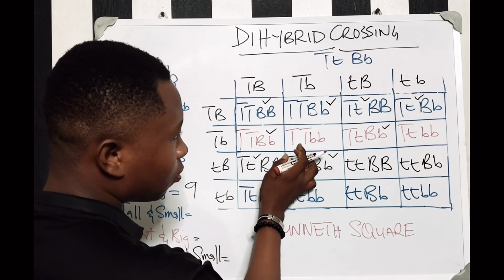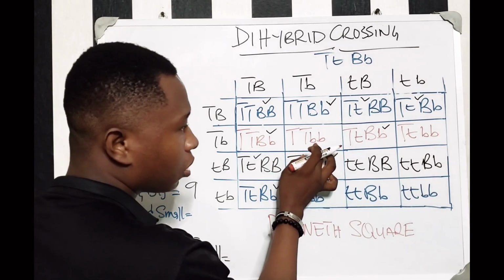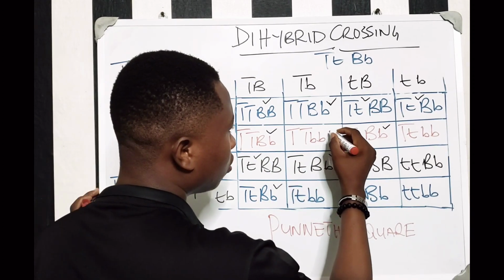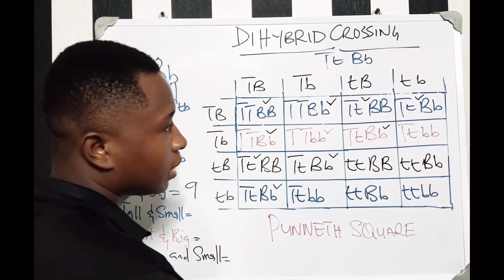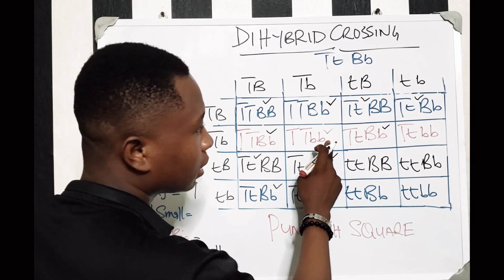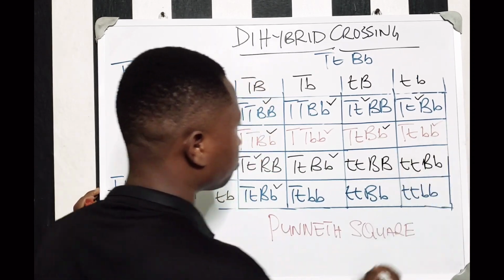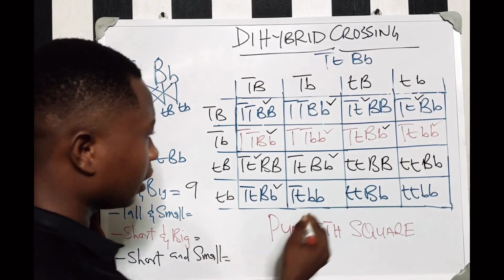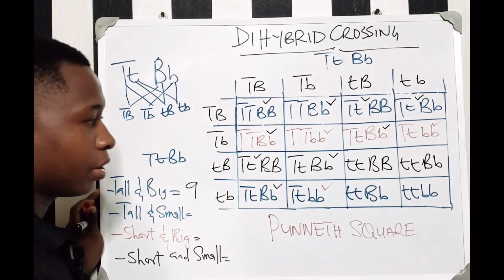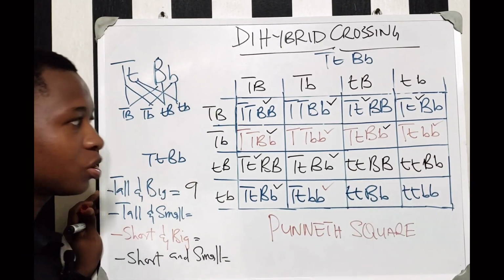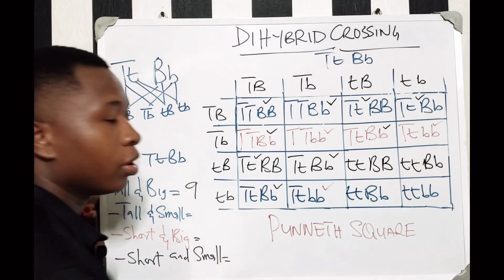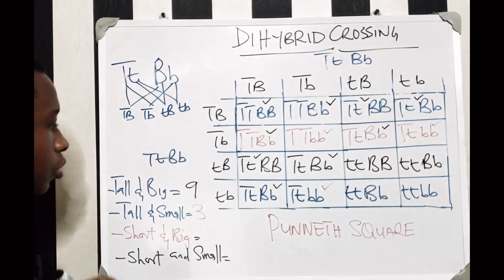This first one is tall. It will appear tall, but it will have a small body. So we take that. Tall and small 1, tall and small 2, tall and small again, we have it here, 3. So that should be the only tall and small. So we have 3 there.